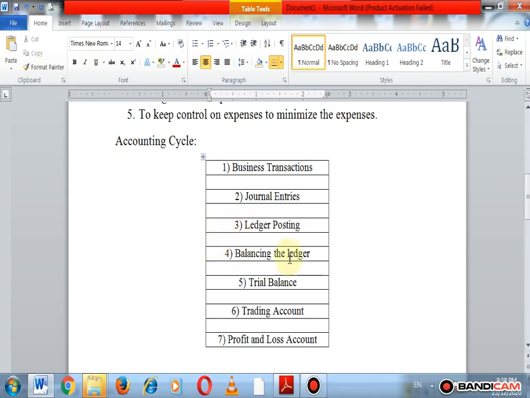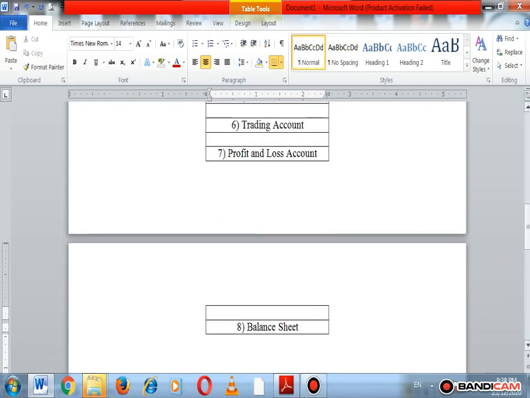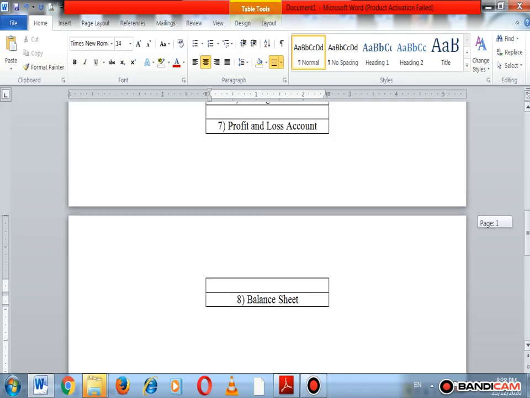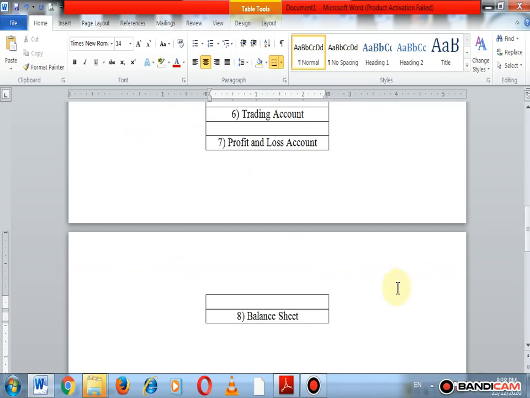Then the fourth procedure of accounting is to make a balancing of the ledgers, and the fifth one is, with the help of the balancing figure of the ledger account, we prepare a trial balance. And with the help of the trial balance we prepare the trading account, profit and loss account, and balance sheet of the concern. This is the accounting cycle of the business organization.